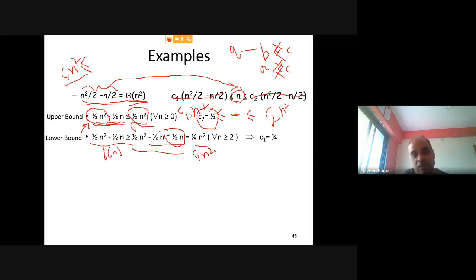This was your f(n). So you are saying c1 n square is less than or equal to f(n). So you are actually giving that lower bound, right? You are bounding from the lower side, as in big omega. So for c1 equal to 1 by 4, this inequality holds. So it actually gives you a lower bound, right?